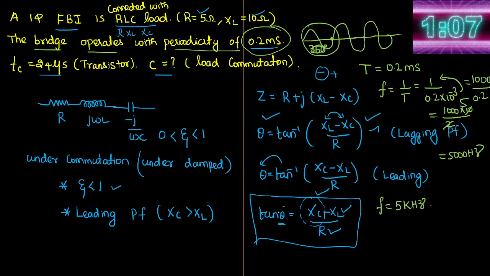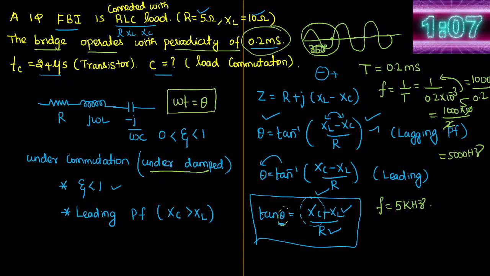Next target is how do I achieve the value of theta, sir? Here this theta is basically dealing with the circuit turn off time. If you want to bring the system under load commutation, under damped system, then basically the condition is that at least the value of omega t must be equal to theta, the impedance angle.